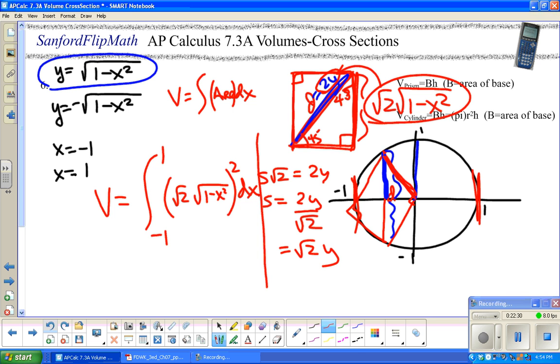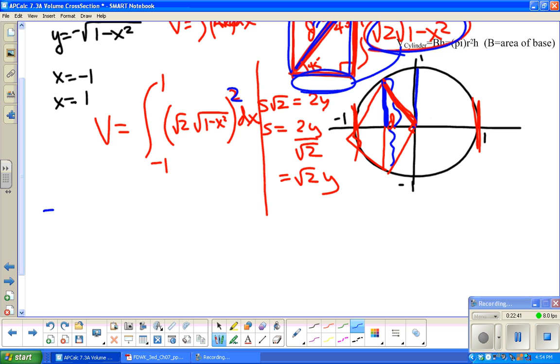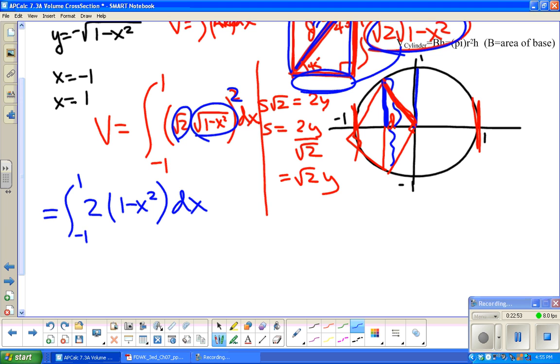Let me just remind you again. The area of this whole square would be this times this. They're the same, so that's the squared. Now it's just a matter of cleaning this up, and I'll try and move this along a little bit, from -1 to 1. When I square this, it becomes 2. When I square this, it becomes 1 minus x squared dx.